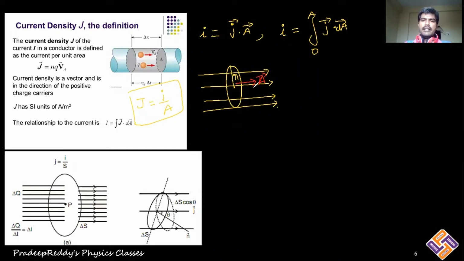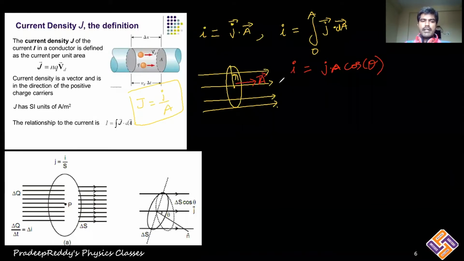So current can be written as I is equal to integration J dot dA. Here J and dA form a dot product. So simply I can write I is equal to J into A, the area of cross section, into cos theta, where theta is the angle between the area vector and current density.